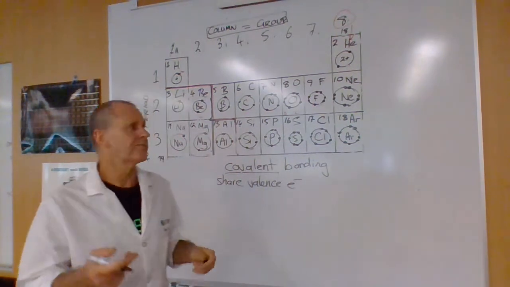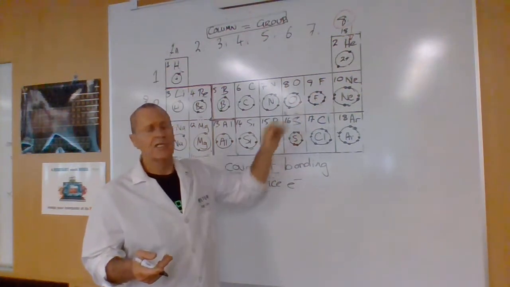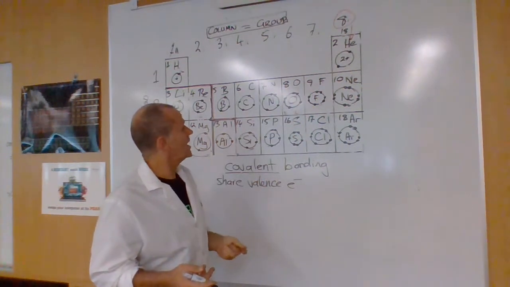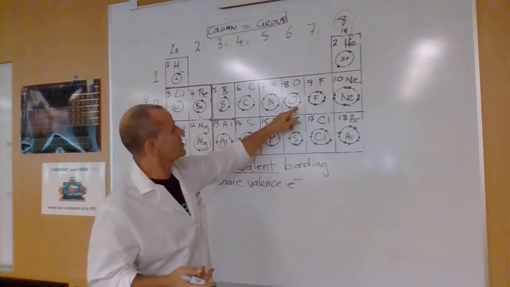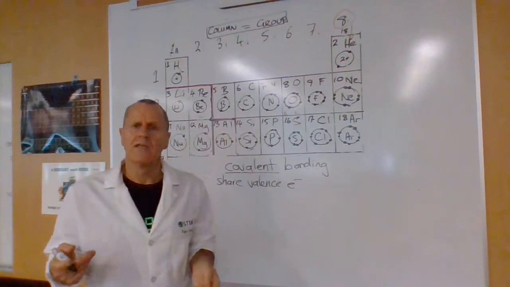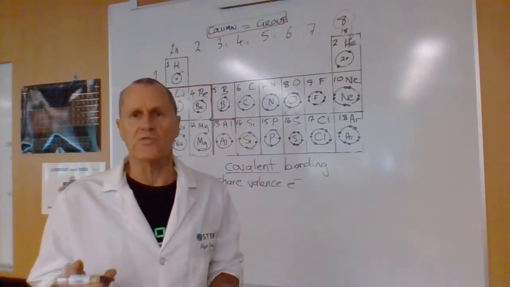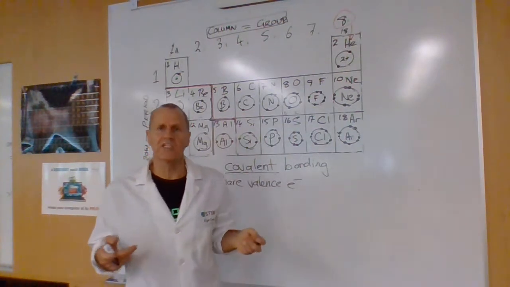And here's why. If there's a bunch of non-metals, like, let's say oxygen and fluorine together, they're not going to be able to get electrons from a metal because there's no metals around. They have to react with each other.